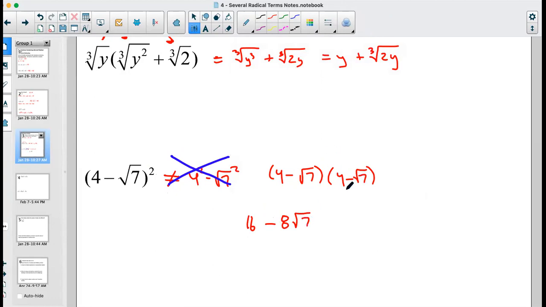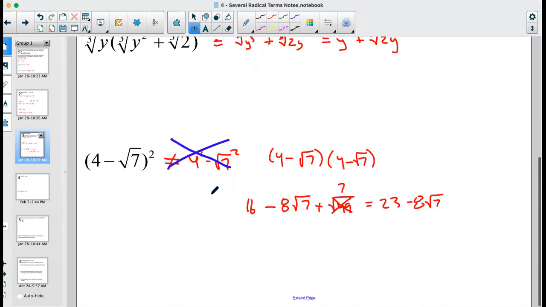Then root 7 times root 7 is the square root of 49. Nope, it's plus. They're both negative, so it's plus. Square root of 49 is really 7. 16 plus 7 is 23, so 23 minus 8 root 7. Ta-da. So there's a little bit of this in here, but y'all might have already known how to do that. But I wanted to reinforce again how much you can't do it this way. Don't ever do it that way.